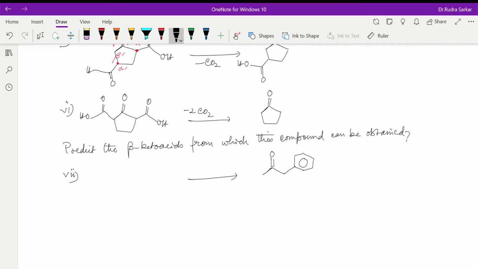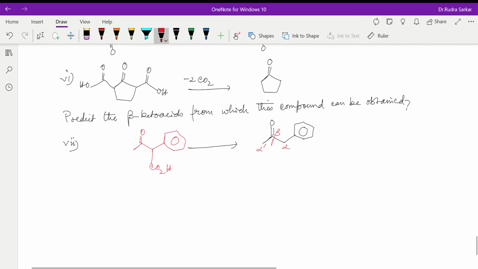Now you see, if I take this to be the beta position, then this becomes alpha and this is also alpha. I'm just naming it as alpha prime. Okay, so what I will do is I will join an acid group in these positions.